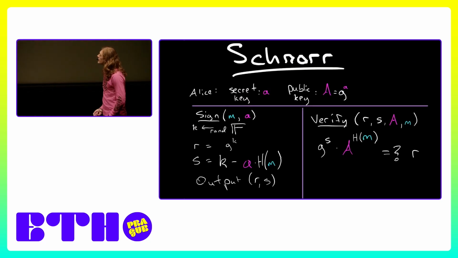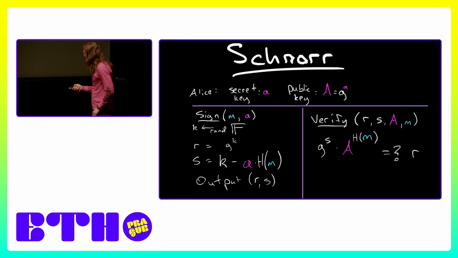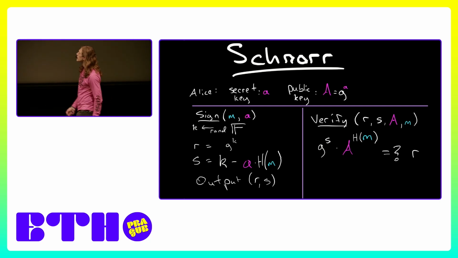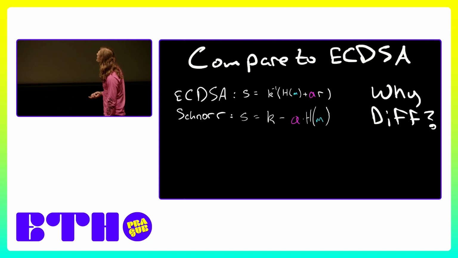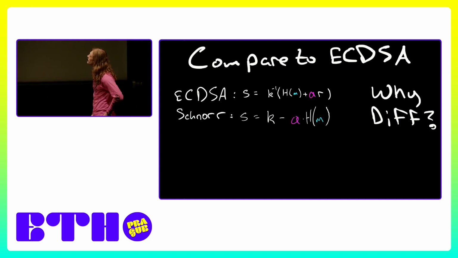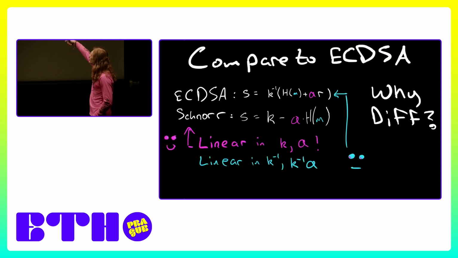So Schnorr is actually simpler. This slide is simpler. You can tell by my face that the slide is simpler. And the reason it's simpler is in particular because of the way we are constructing S. The neat thing about Schnorr compared to ECDSA, Schnorr and EdDSA being the same thing, is that we have linear coefficients.